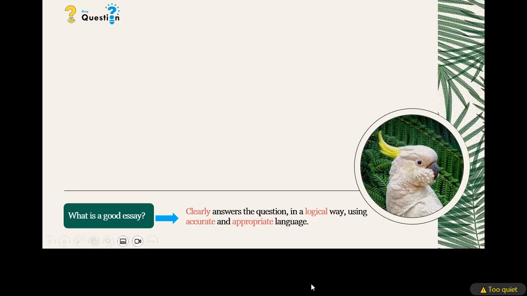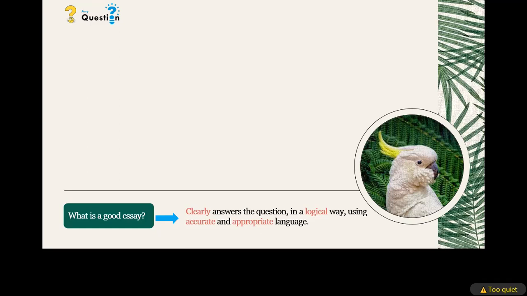And appropriate language means, for example, are you using topic-specific vocabulary? All the vocab that you need to use has to be relevant to the topic you're discussing. This is why students who learn by heart, or who memorize high-level words and try to inject them in their essays, will not get a high score.